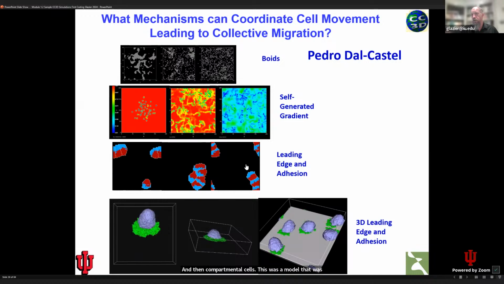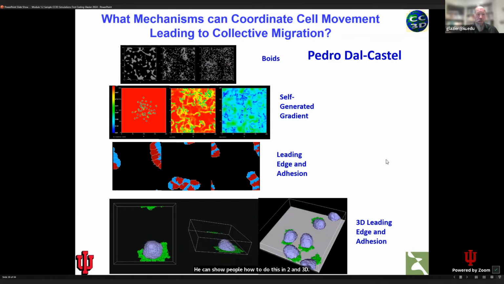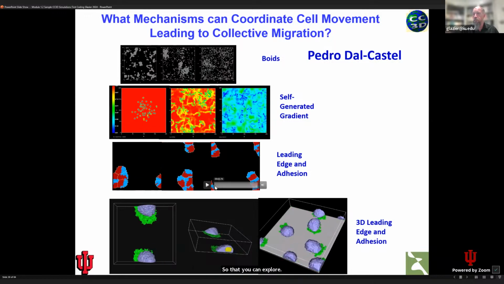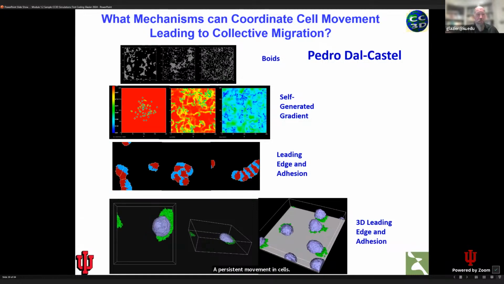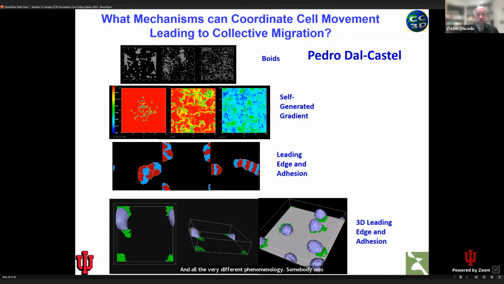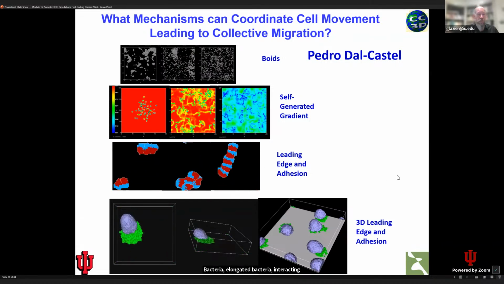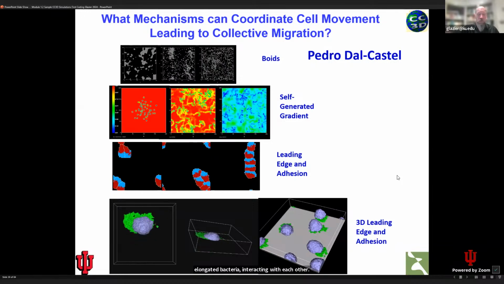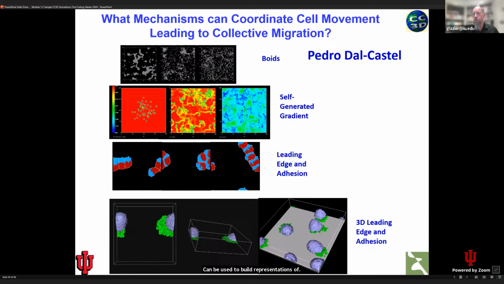He can show people how to do this in 2 and 3D so that you can explore how cells move, how persistent movement in cells works, and all the very different phenomenology. Somebody was interested in bacteria, elongated bacteria interacting with each other. This third one here can be used to build representations of elongated bacteria and their interactions.